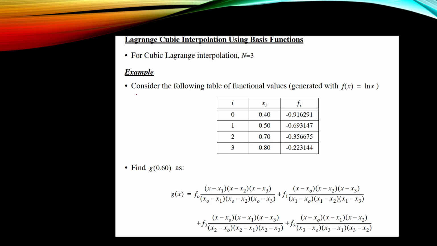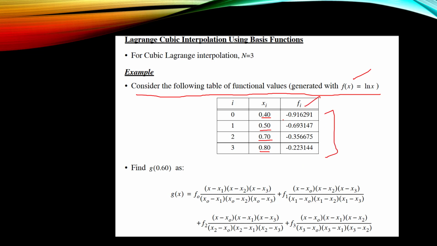So coming to the problem, consider the following table of functional values generated with f of x is equal to ln x. So we have the function f of x is equal to ln x, and for different values of x, 0.4, 0.5, 0.7, 0.8, you get the corresponding values of fi as shown.